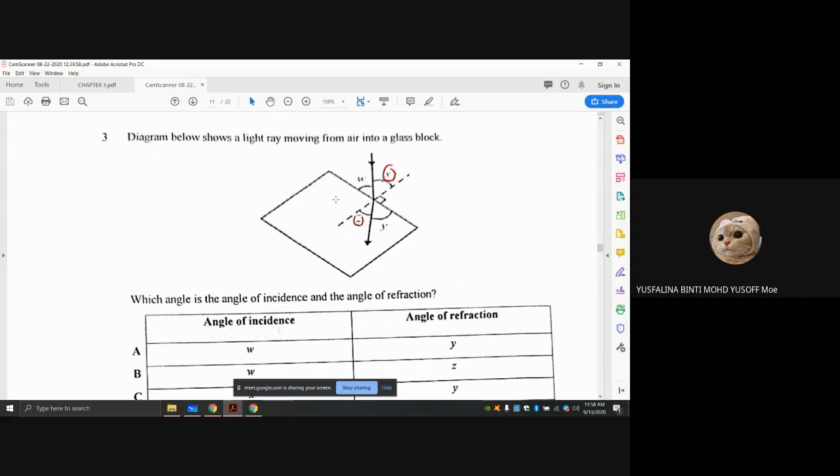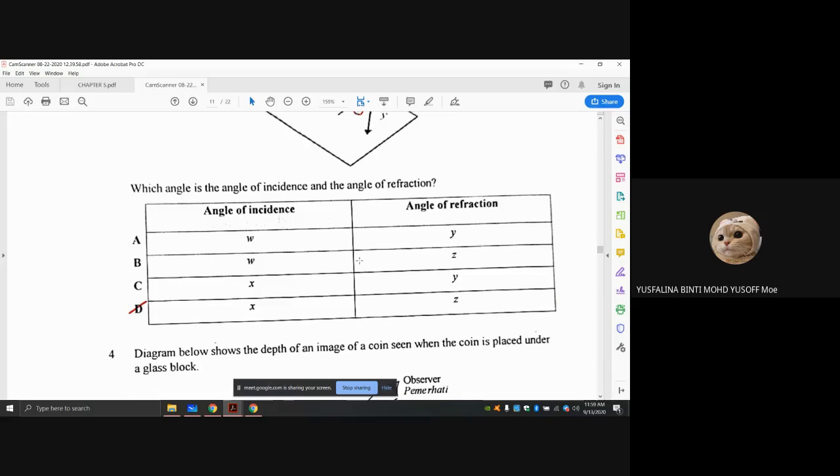The angle of incidence must be between the normal line and the incident ray, so it should be here, W. For the angle of refraction, it is from the normal line to the refracted ray, so this one. So the answer should be D.